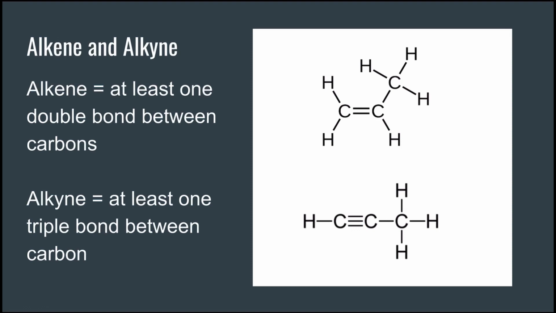Looking at the second one on the bottom, this is propyne. Why? Because there's a triple bond on the first carbon, and there are three carbons, meaning there's a three carbon chain.